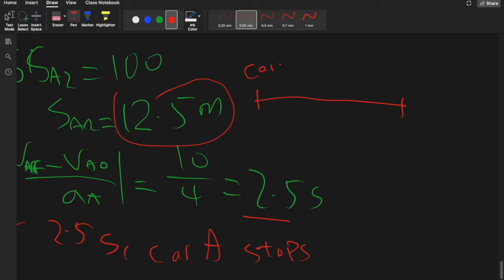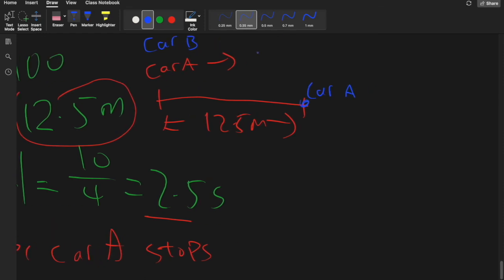So this is car A, and here is 12.5 meters. So car A moves, and car B also moves. But after 12.5 meters, car A stops. And so let's say car B is here. So as long as it passes 12.5 meters, it passes car A.